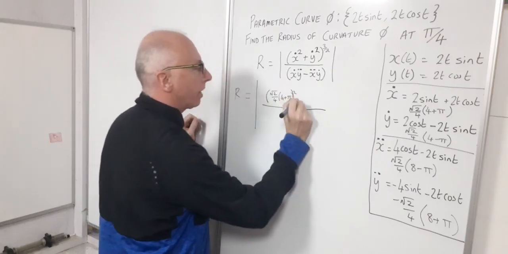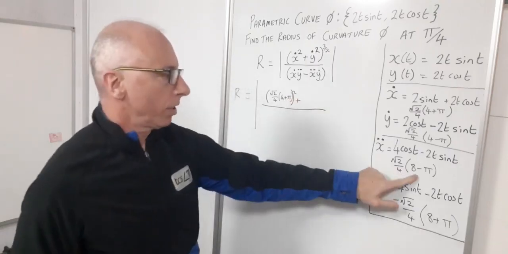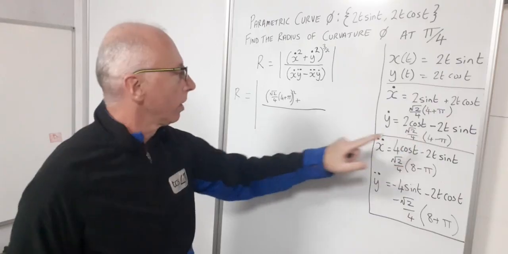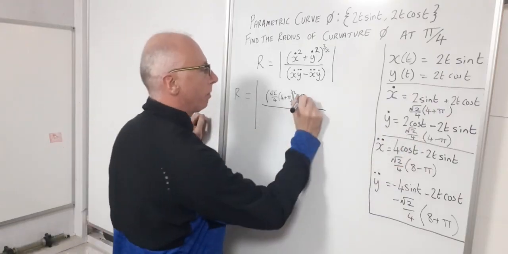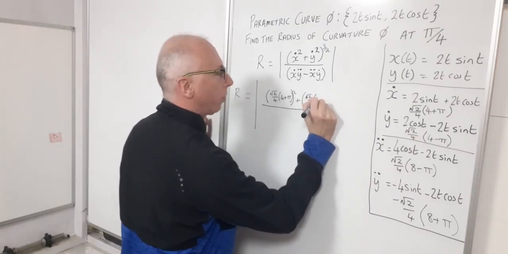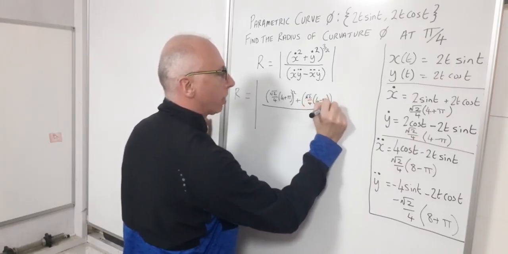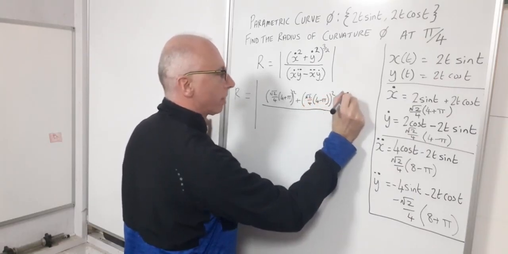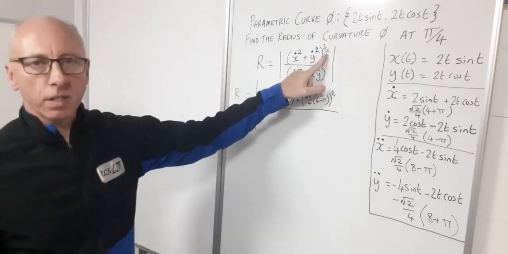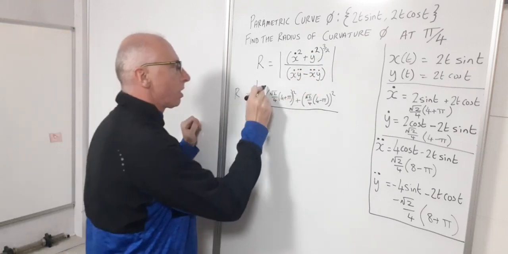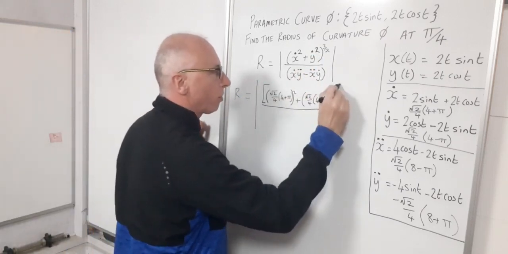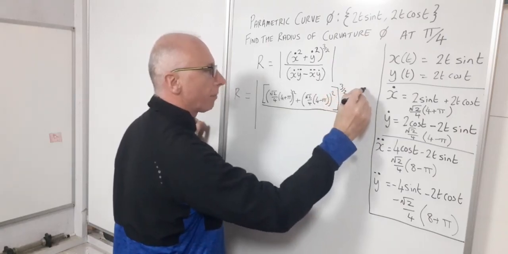And then we're going to add this one squared, our y dot. So now we've got the similar term, root 2 over 4 minus pi, all squared. So that takes care of that. But then this is all raised to the 3 over 2.